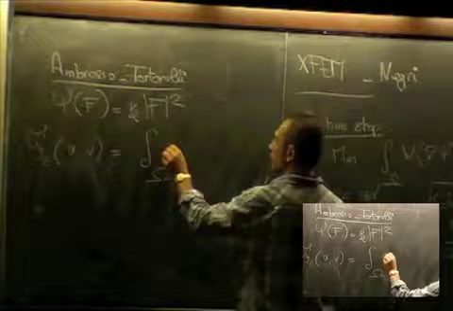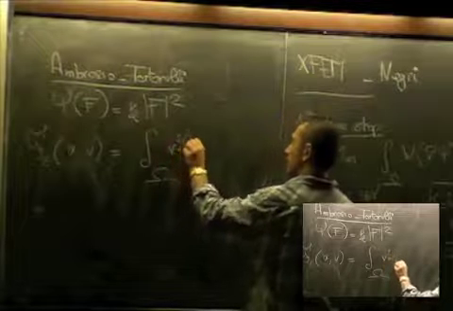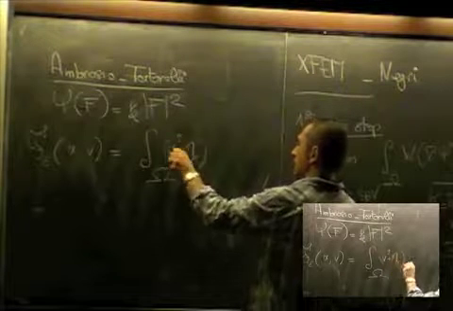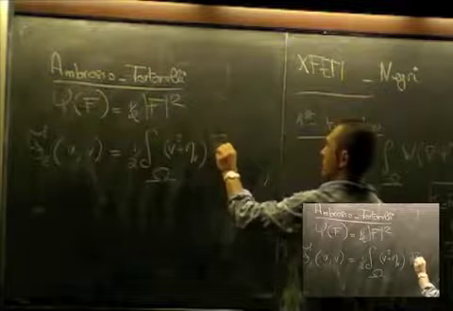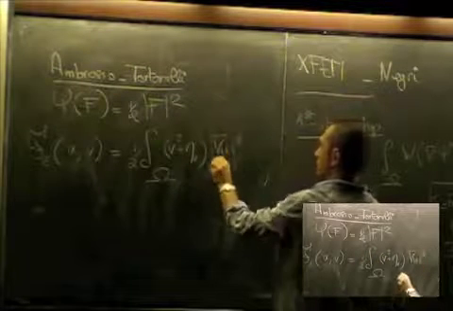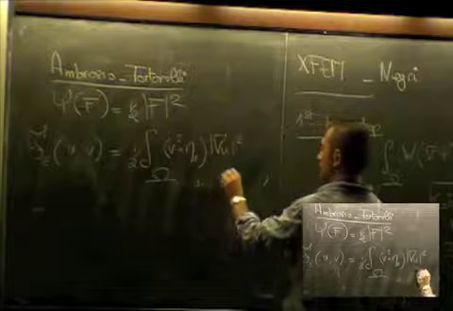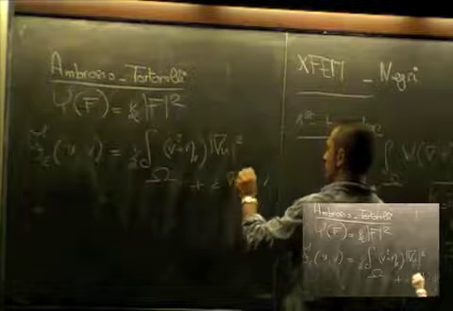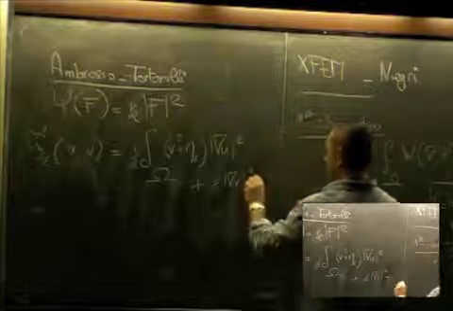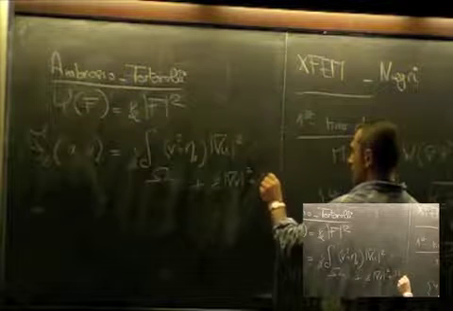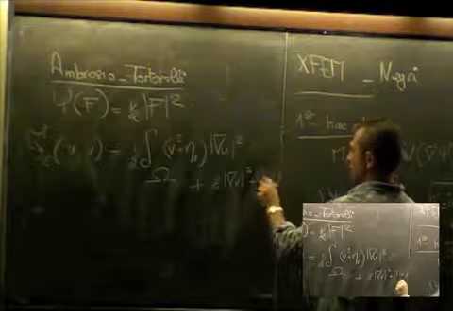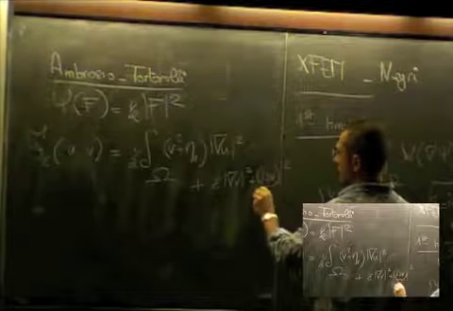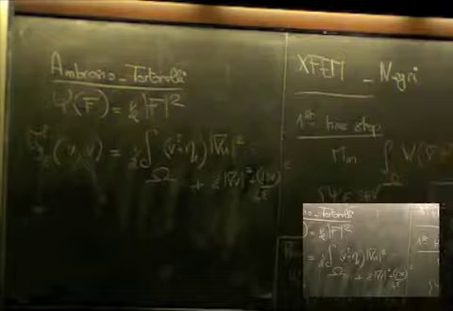V squared plus eta epsilon, 1/2 grad u squared, plus epsilon grad v squared, plus 1 minus v squared over epsilon, or maybe 4 epsilon, I never know. There's a 4 somewhere, yes.